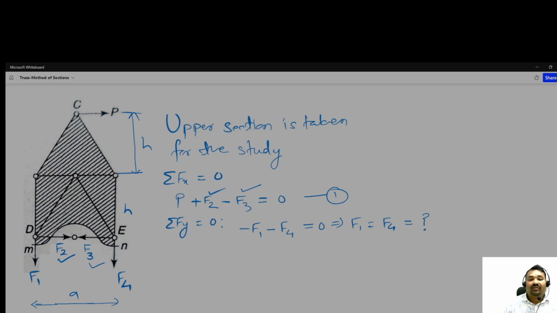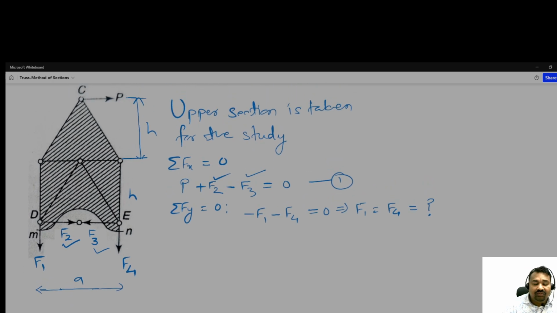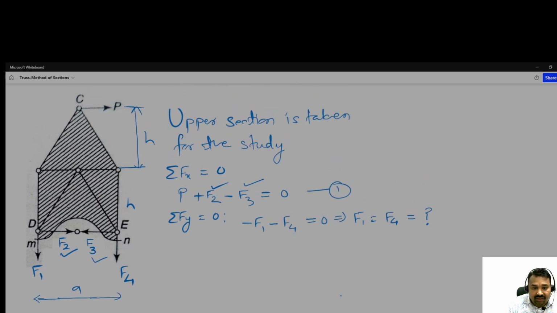Okay, so that's why now suppose we take a moment about D. So summation of moment about D, with clockwise taken as negative, is equal to 0. So what do we get? In the moment about D, which force is considered? F1 and F2 are not considered.